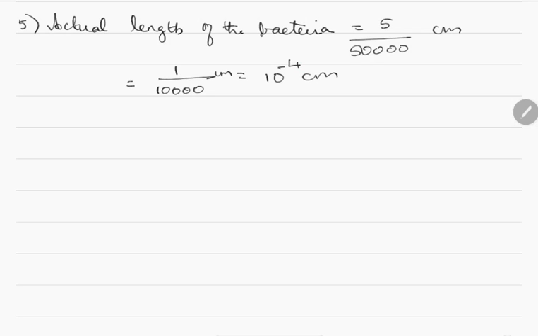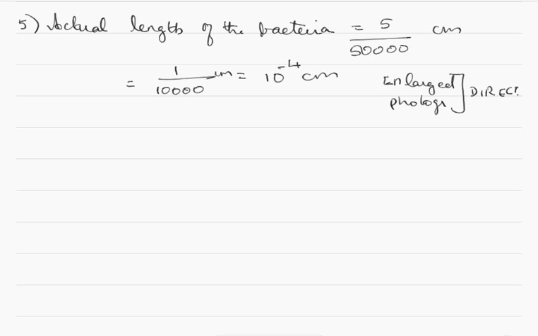So more the number of times the bacteria is enlarged, more the length attained. So the number of times a photograph of a bacteria is enlarged and the length are directly proportional to each other.